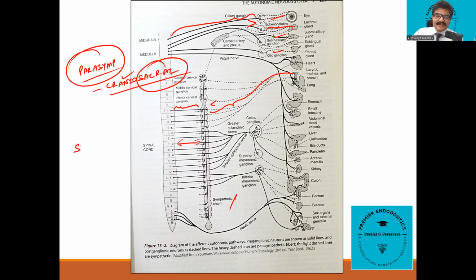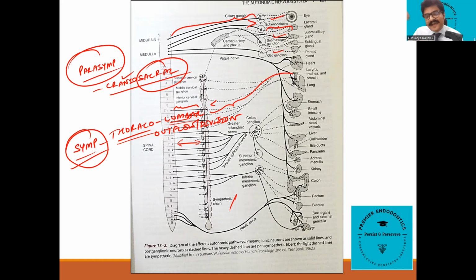Whereas the sympathetic nervous system is derived from where? The thoracolumbar outflow or the division. Why? Because the central nervous system component of the sympathetic nervous system is derived from the thoracic and the lumbar parts of the spinal cord. And brain and spinal cord are parts of what? The CNS. You understand?